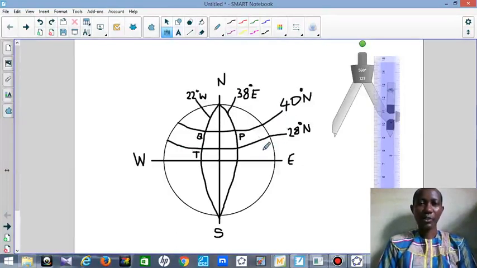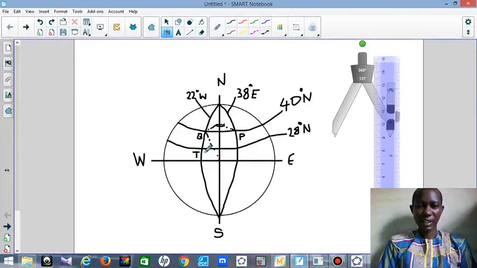Then now let's go to the solution page. If you wish to put your angles, you can do all that by making dotted lines like this. So this is the angle between Q and P. Then T and Q, remember they are coming from the center. So T and Q is like this to the center of the earth.